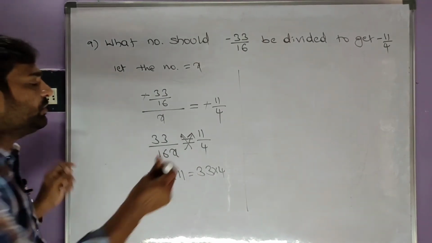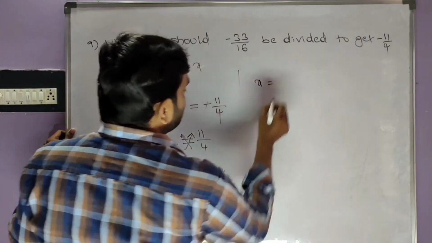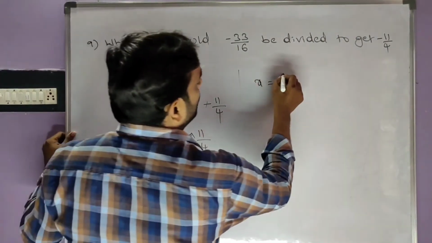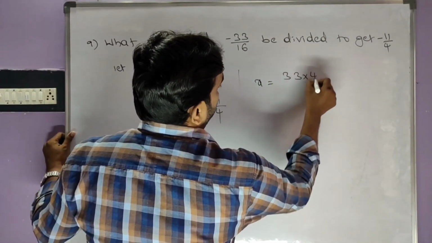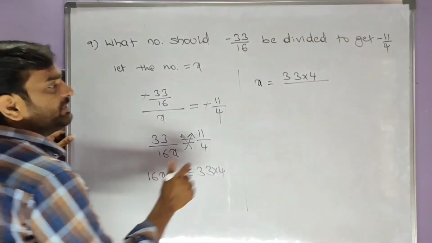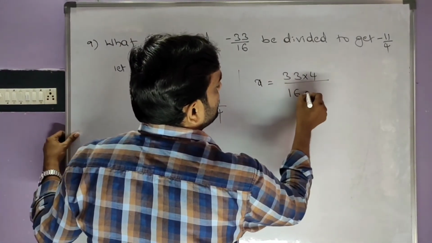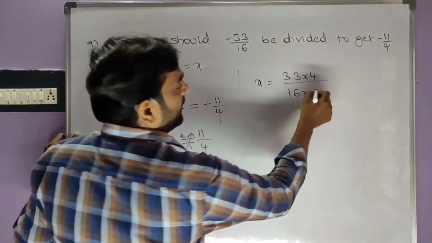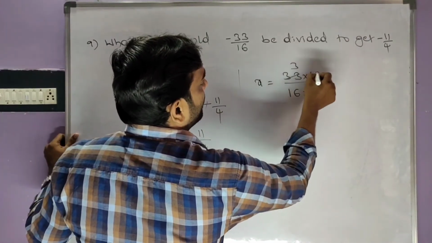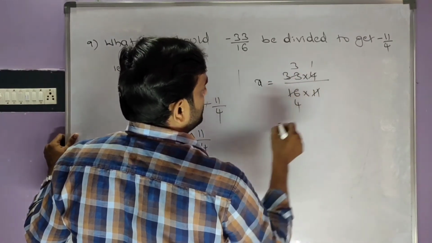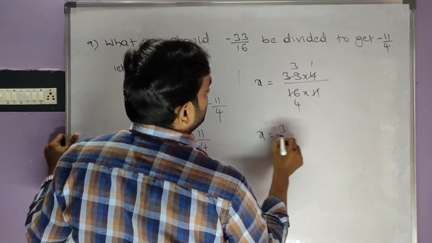Now x is equal to 33 into 4 by 16 into 11. 11 threes are 33, 4 ones are 4, 4 fours are 16. We got x equal to 3 by 4.